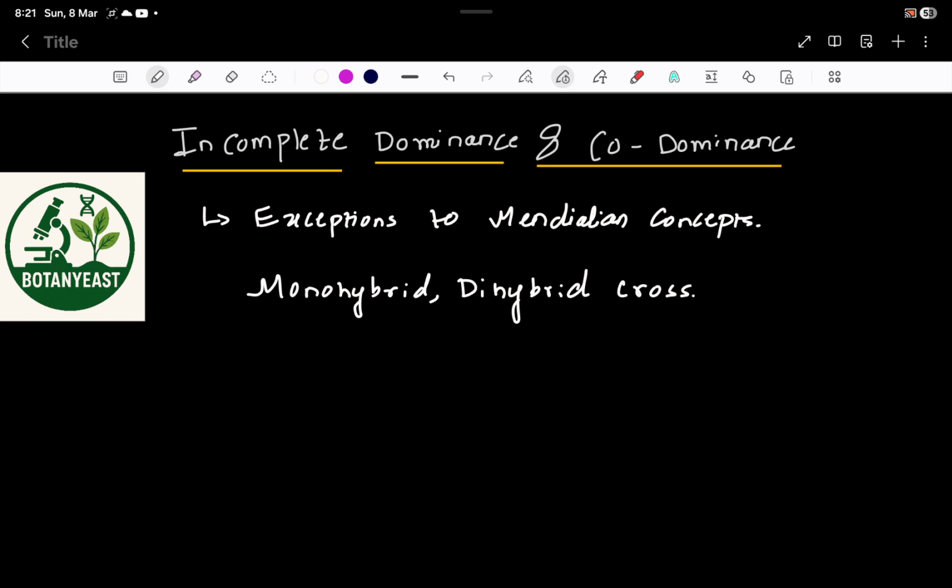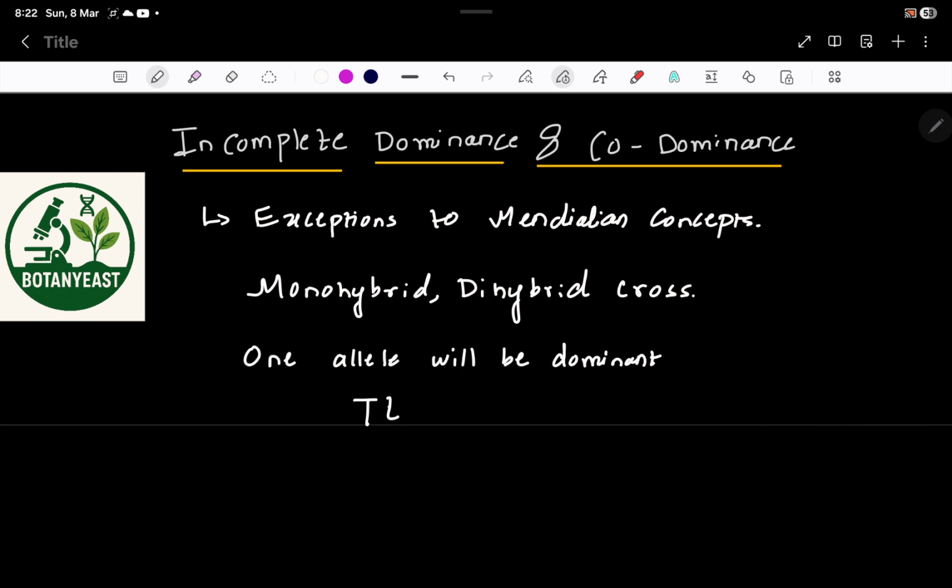So, I will just give a basic recap, where Mendel told that one allele will be dominant.